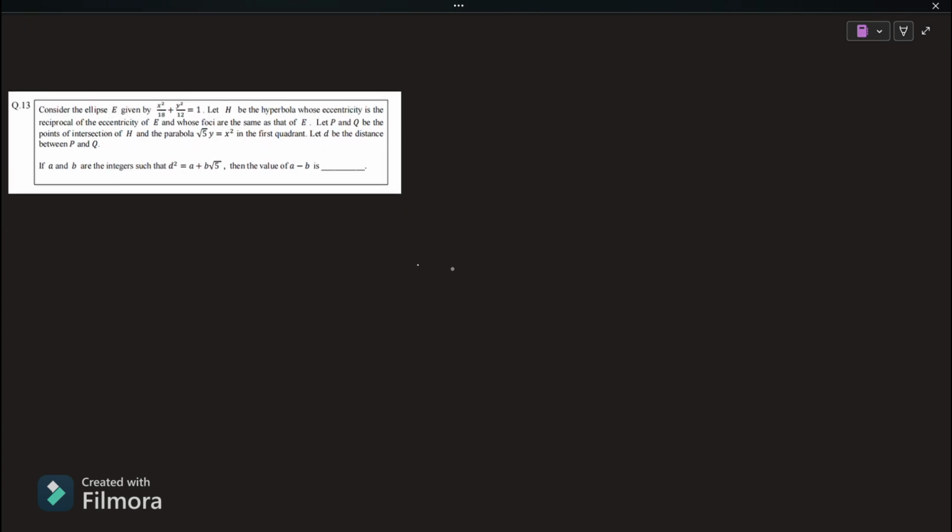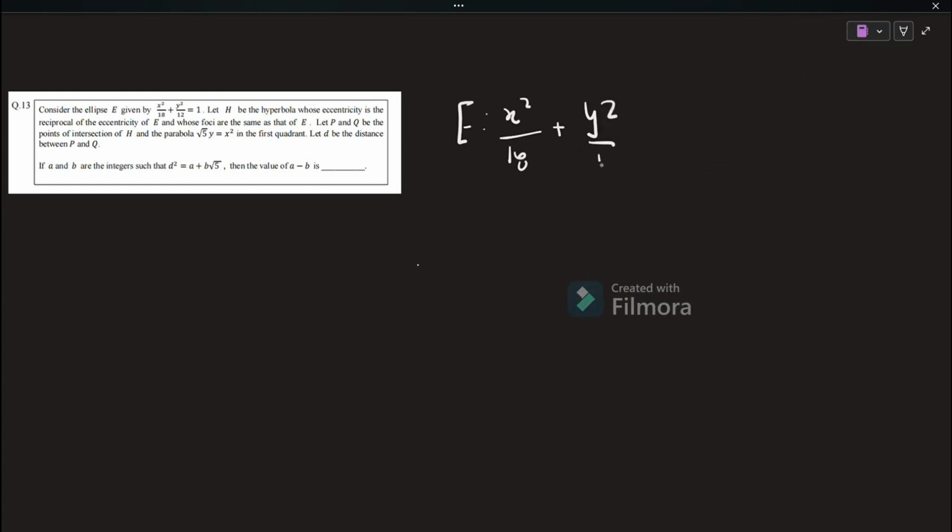We are given the equation of an ellipse E, x square by 18 plus y square by 12 equals 1, and H is the hyperbola whose eccentricity is the reciprocal of the eccentricity of E, and whose foci are the same. Let's say a1 square is 18 for E, and b1 square is 12.